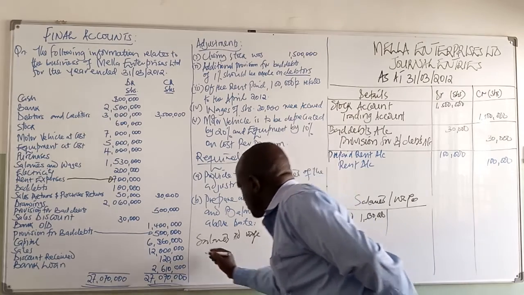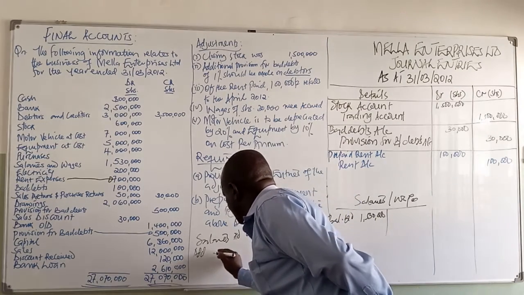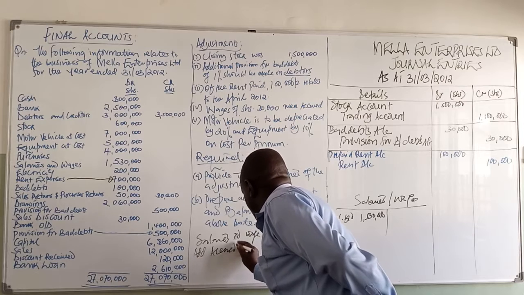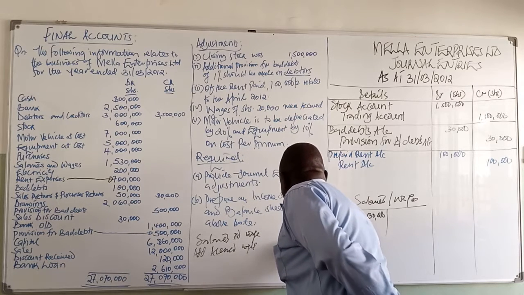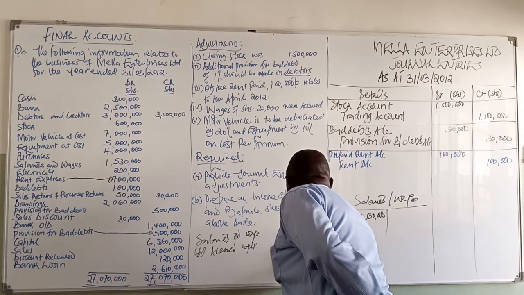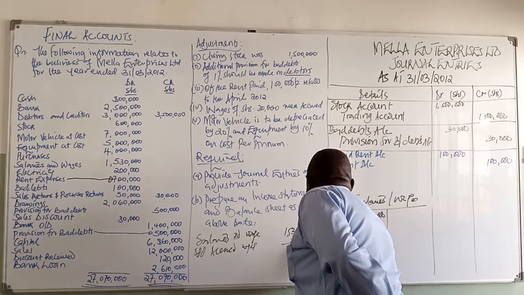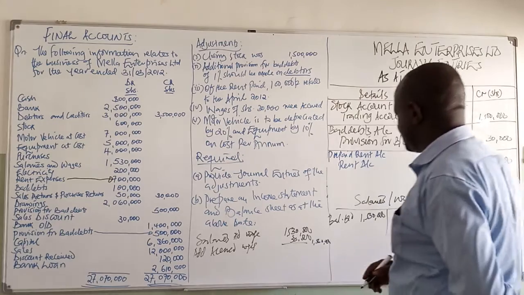And you know very well, if they are accrued, we say add accrued wages, here like this, 30,000. So that here we can get 1,560,000 as the amount of salary and wages.